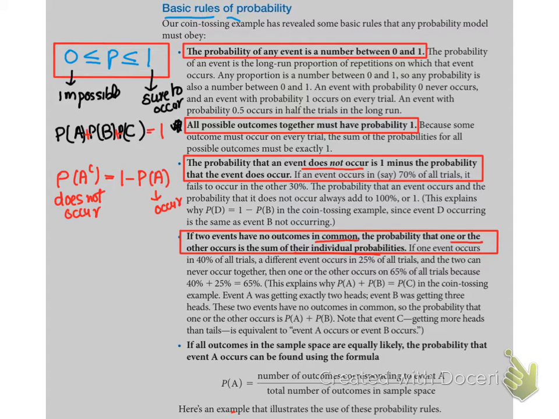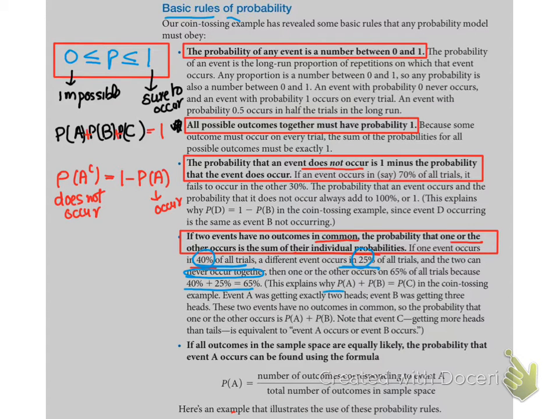Like here, suppose one event occurs 40% of all trials, and the different event occurs 25% of all trials, but we also know they never occur together, they're just separated. Then 65% of the trials, when you add this 40% and 25%, that is going to be 65%.